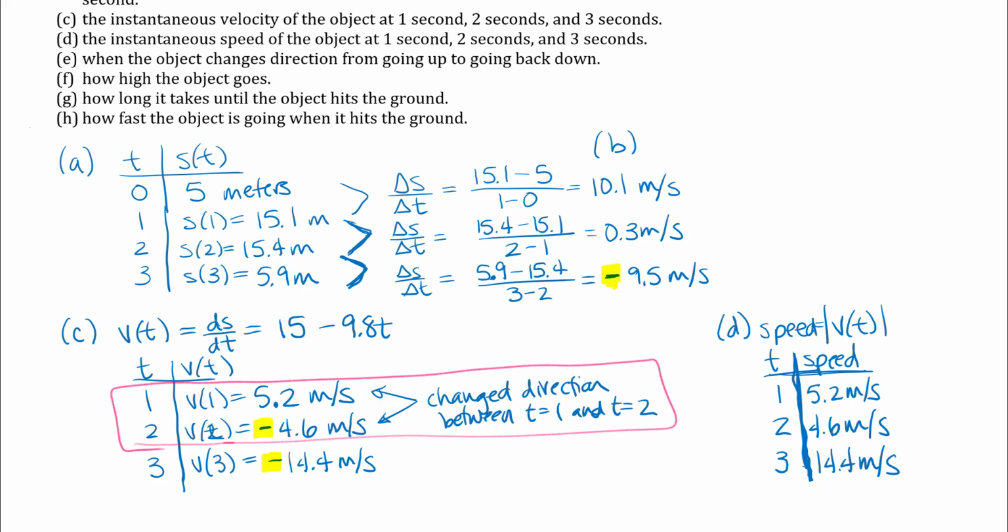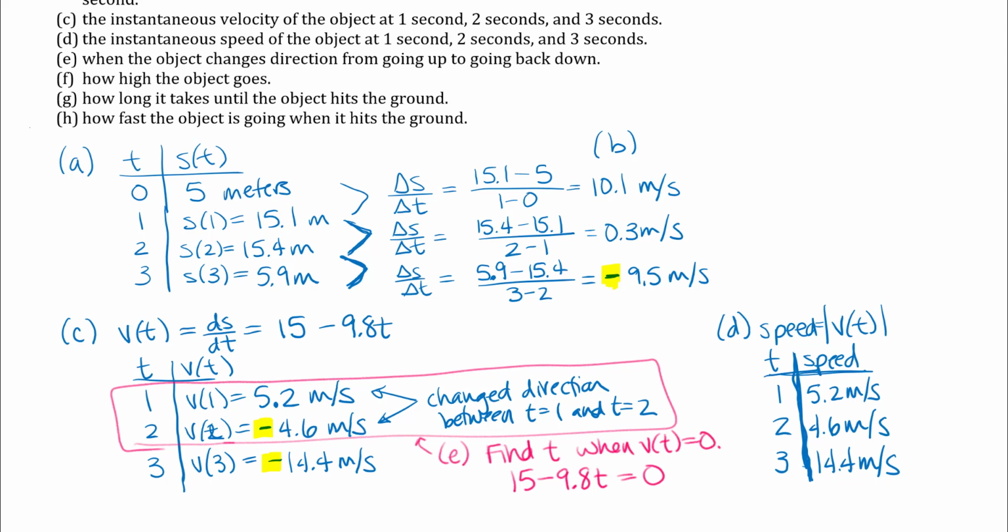So what I'm really looking for here for part E is the t value when the velocity is 0, right? So that's really what part E is asking us to do. Understanding why that's what it's asking us to do is kind of understanding what it means when I have a positive velocity versus a negative velocity. All right, so to answer part E here, I'm just going to take my velocity function, 15 minus 9.8t, and set that equal to 0 and solve for t.